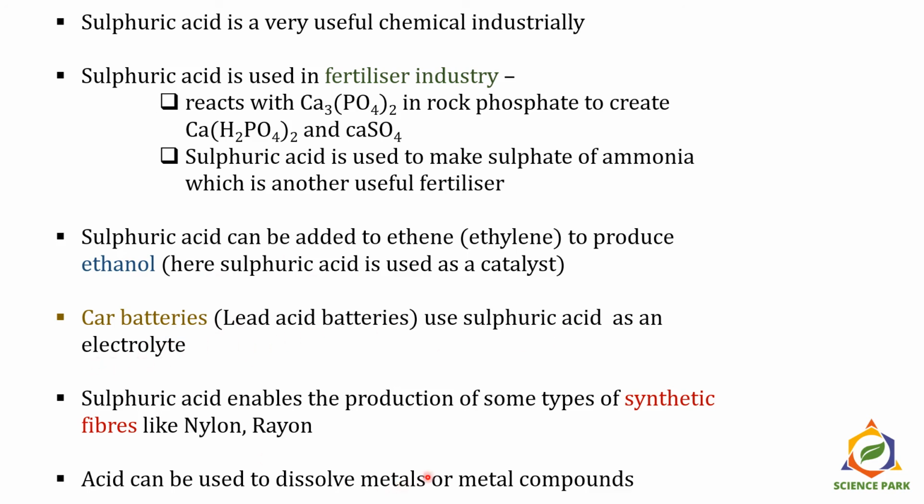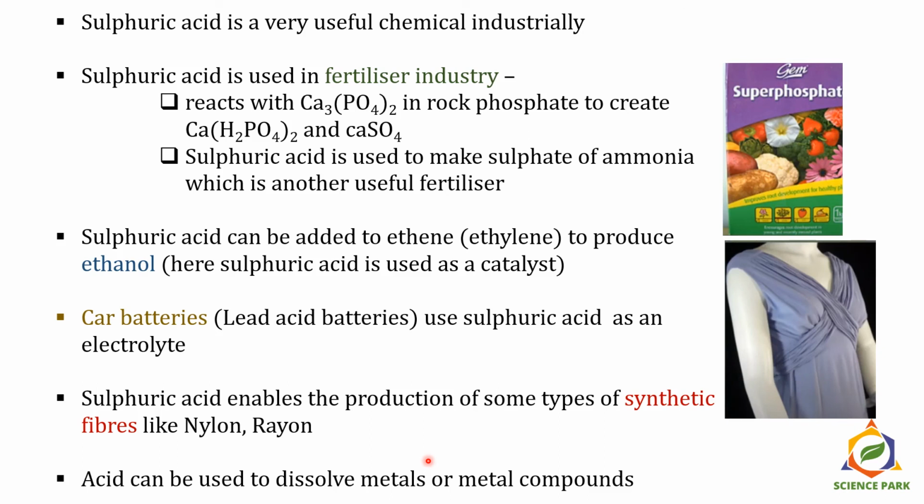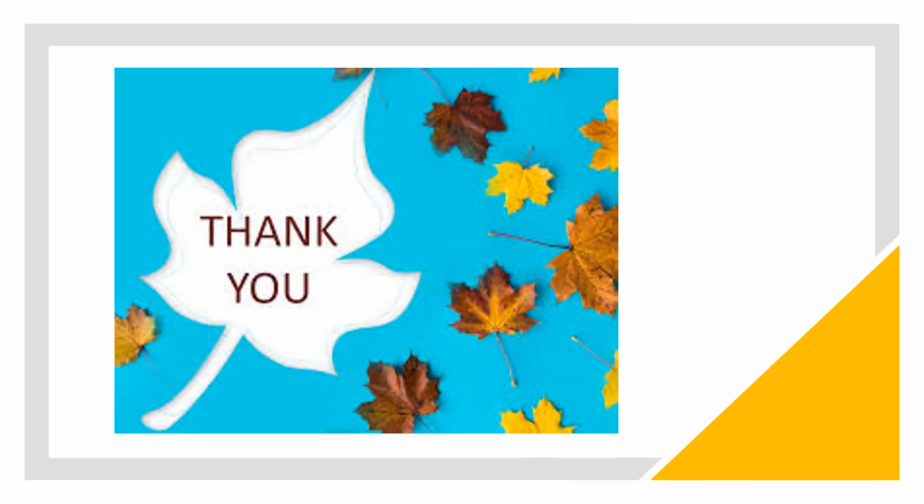Sulfuric acid enables the production of some types of synthetic fibers like nylon and rayon. Here I have shown you a picture of a rayon material. Acid can be used to dissolve metals or metal compounds in mines. Thank you for now.